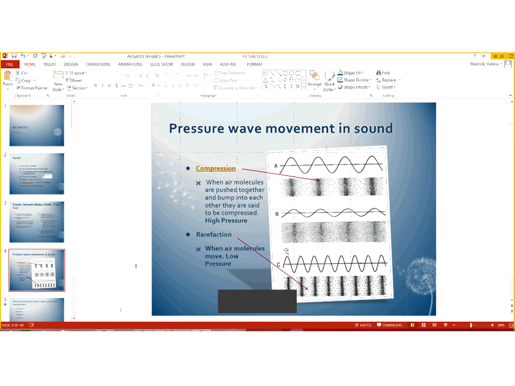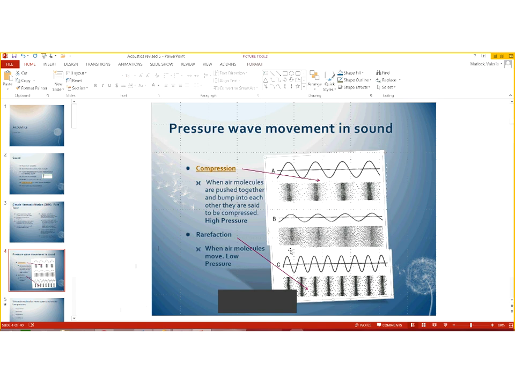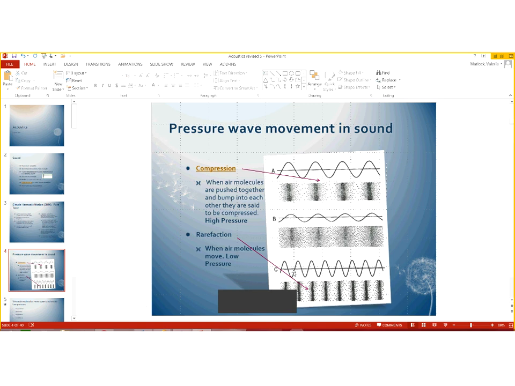And so the peaks are actually going to be higher, indicating an increase in amplitude, an increase in force. And that is analyzed as intensity of the frequency or of the sound. Our perception of intensity is loudness.